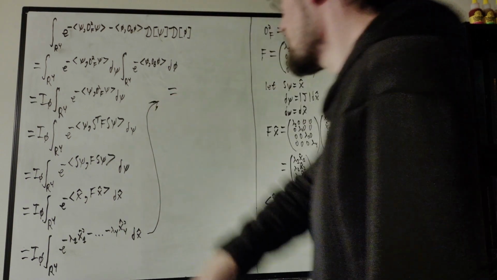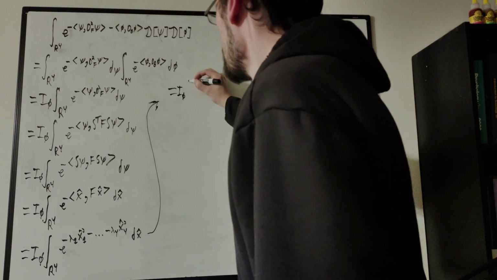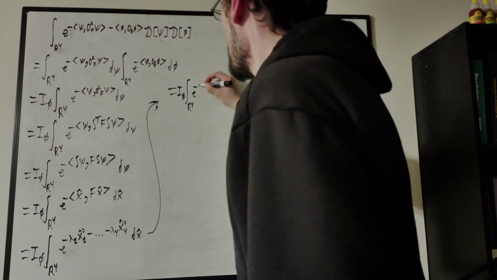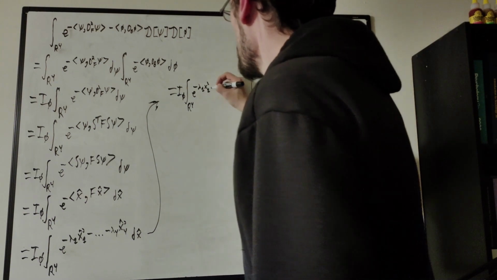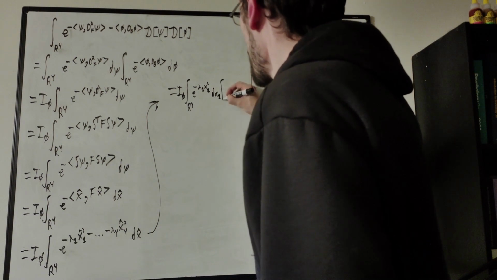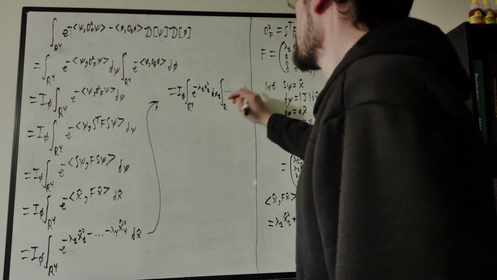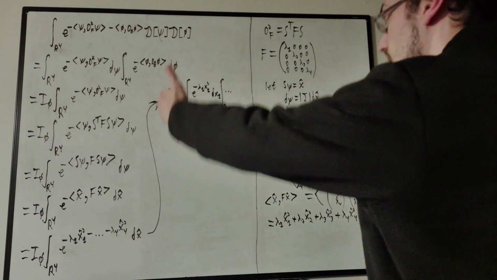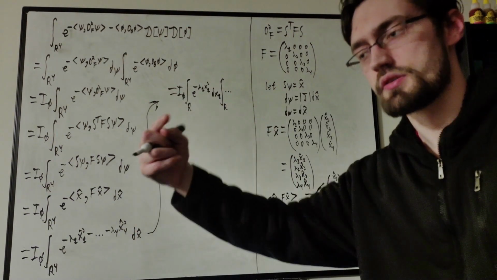We're going to go up here now. We have I sub 5 times the integral over R4 of e to the negative lambda sub 1 x sub 1 squared dx sub 1 times the integral dot dot dot. Well, really this is not over R4, it's actually just going to be over, because we're going to split it up between four integrals from negative infinity to infinity, so that effectively combines the contributions of all R4.